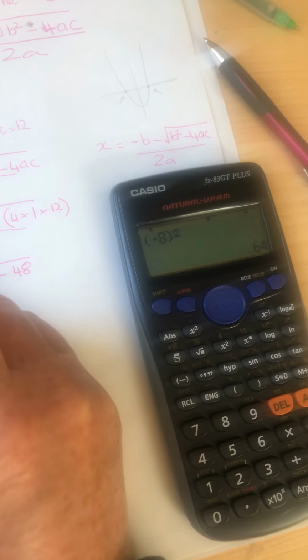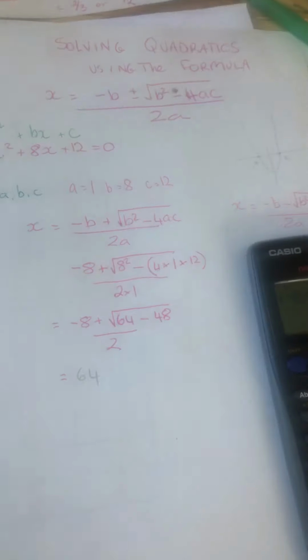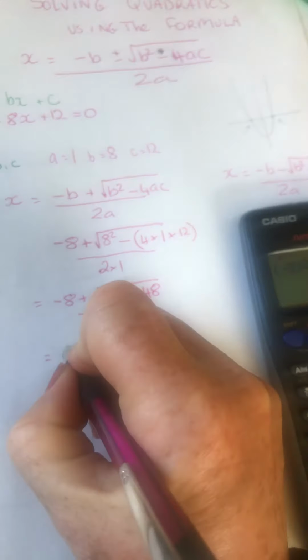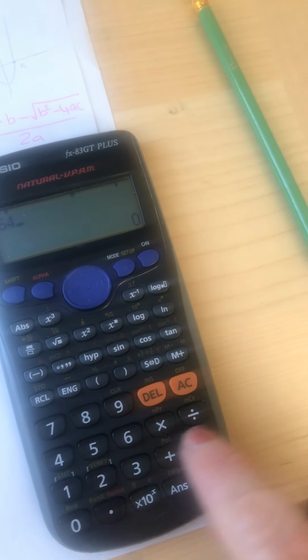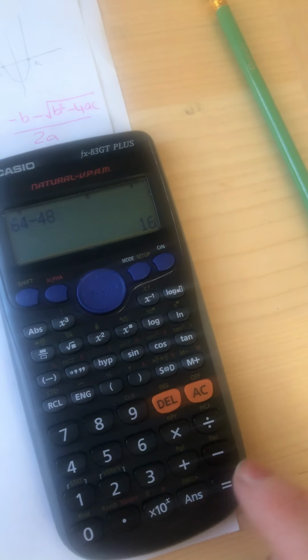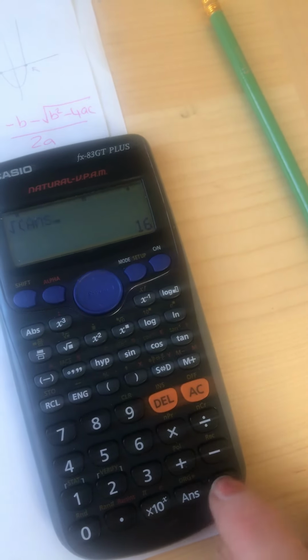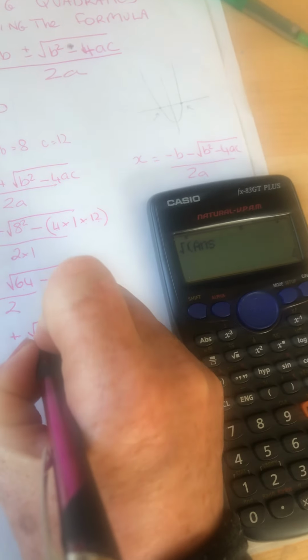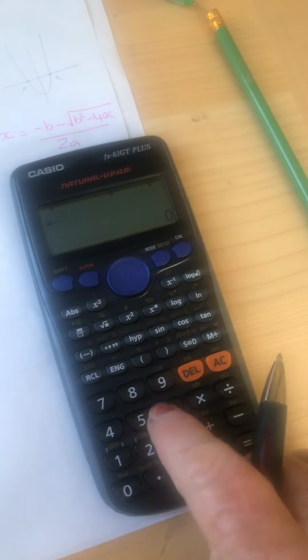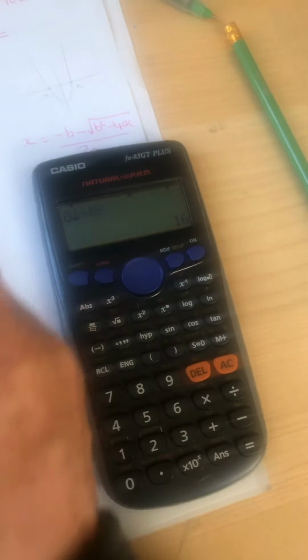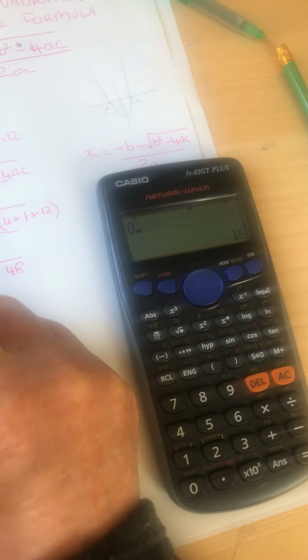Okay, so we've got here 64. So negative 8 squared is 64 plus the square root of, what's 64 minus 48? So we do 64 minus 48, and then we square root that. The answer is 16, all over 2.